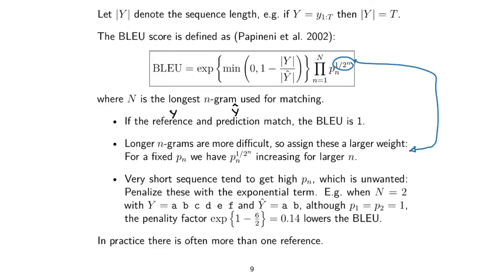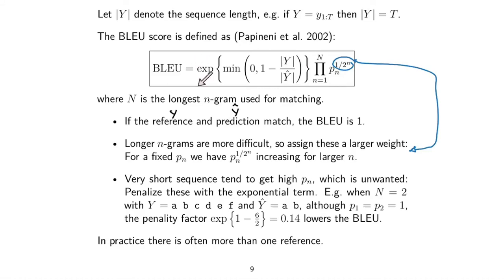And then the other thing that happens is, very often if you just produce short outputs, then all the n-grams in my little short output actually occur in my reference y, because I'm calculating a precision. So you get an unwantedly good score for short outputs, which is not what you want.